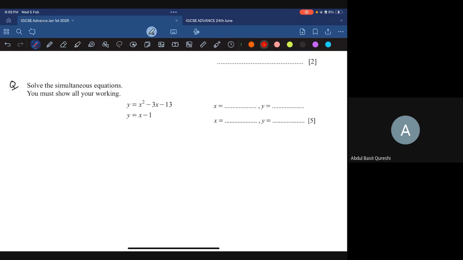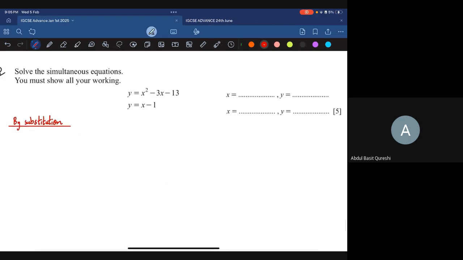Yes, guys. First and foremost, I know I cannot use elimination, so I'm going to solve this by substituting. Now, the question is very easy in terms that it is already substituted.